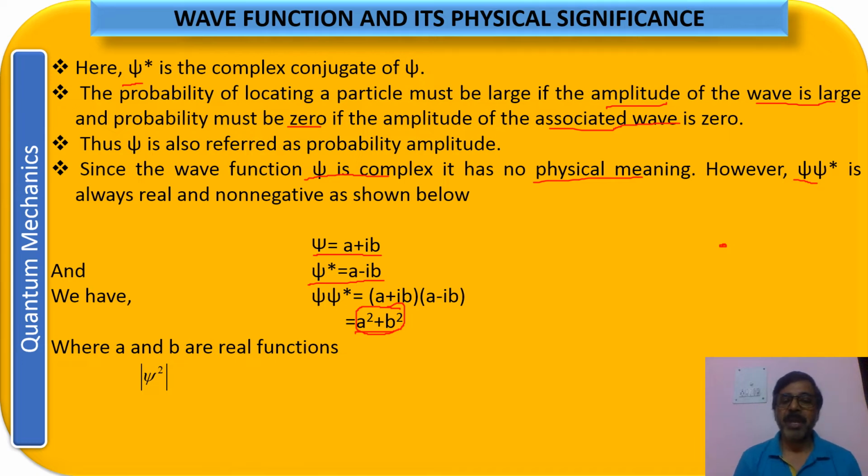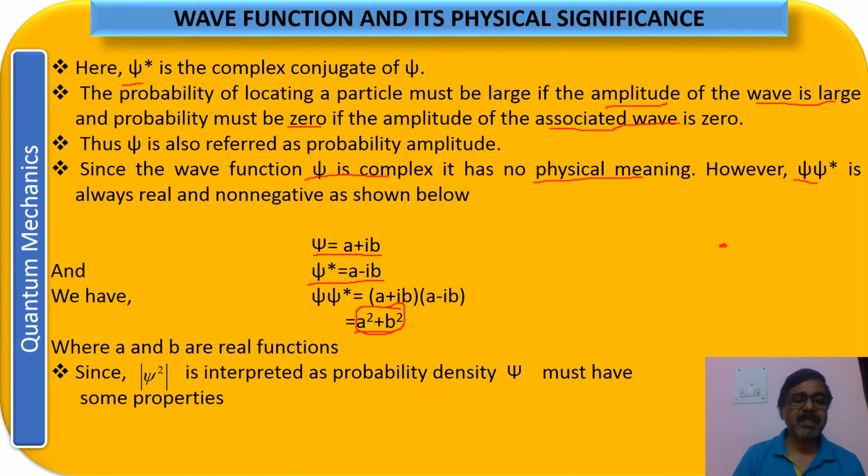If you multiply psi with its conjugate, you always get a real number, and therefore probability density should be taken as the product of psi and its conjugate. Then only we can say where the particle is, where a and b are real functions.